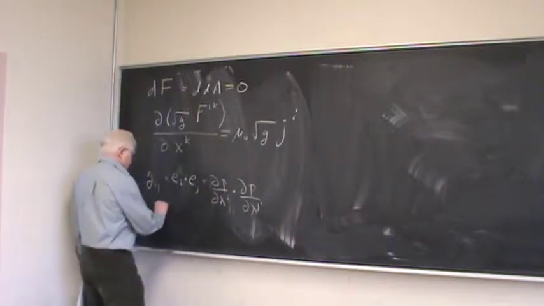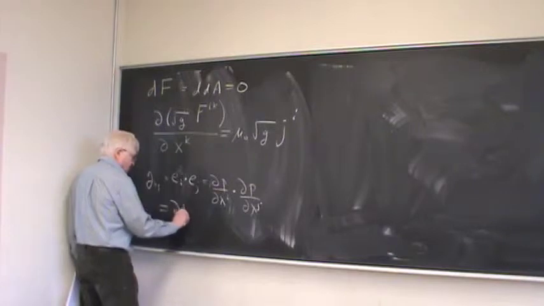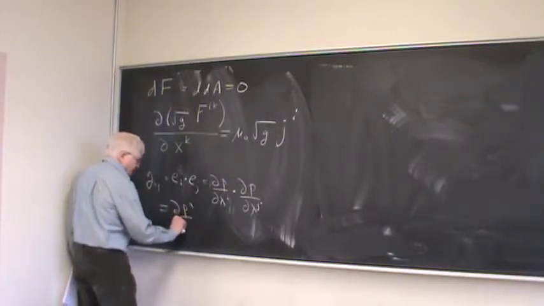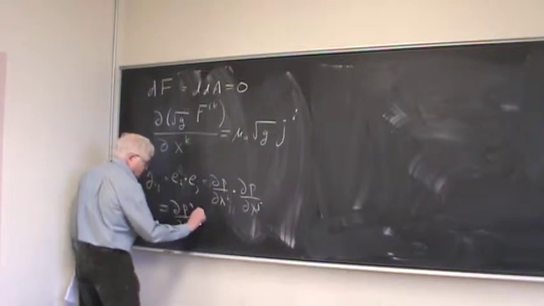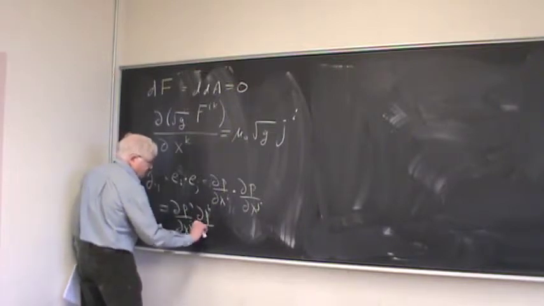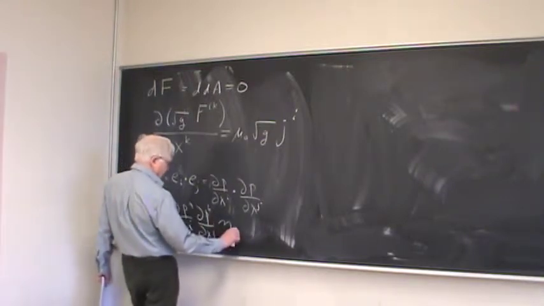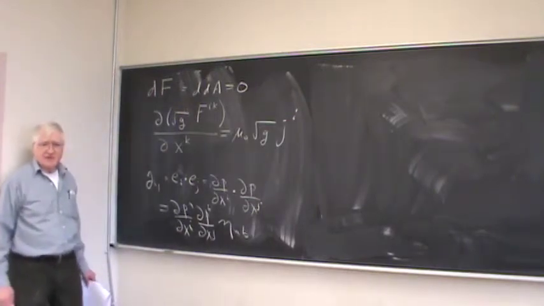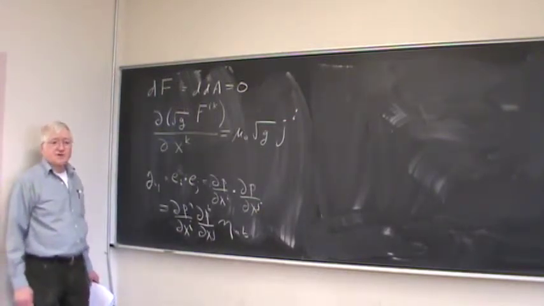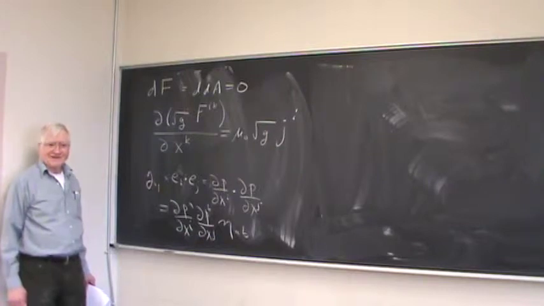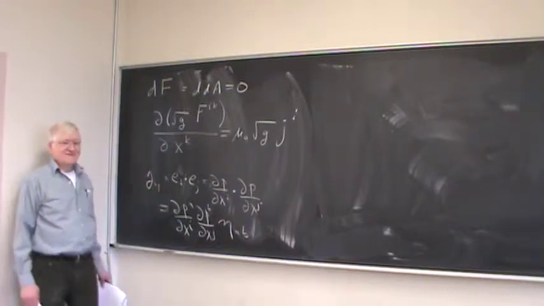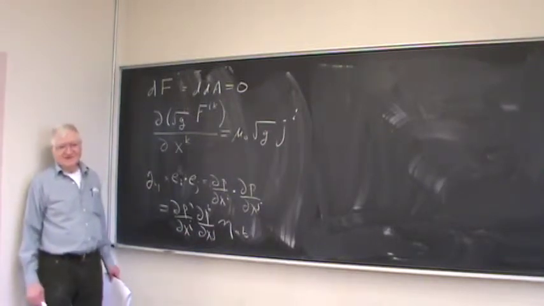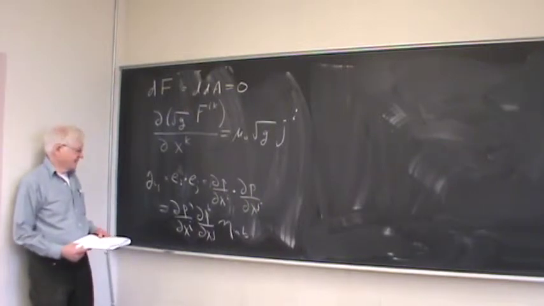In other words, this thing is partial P^A, partial x^i, partial P^B, partial x^j, eta_AB, where you sum over A and B from, let us say, 0 to 7 or 8.